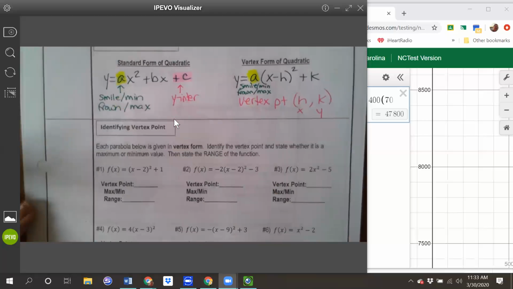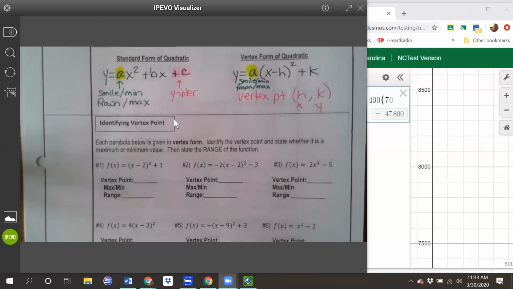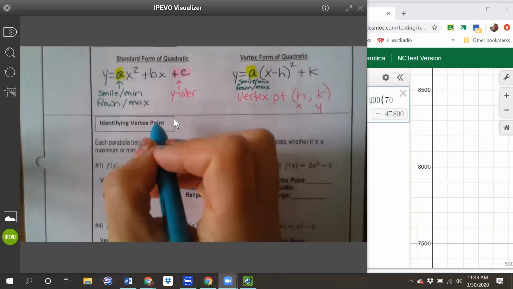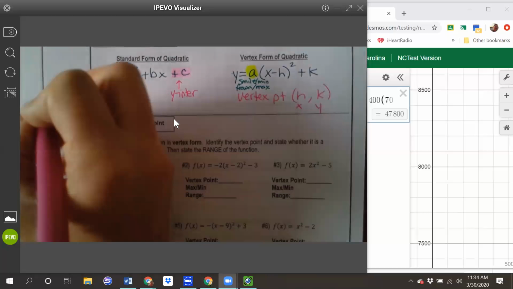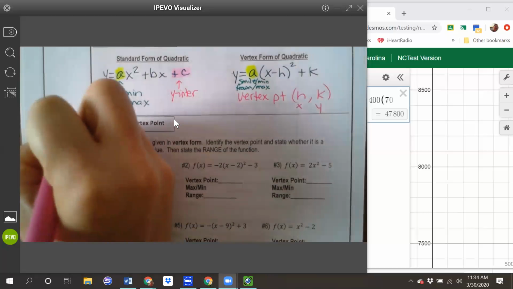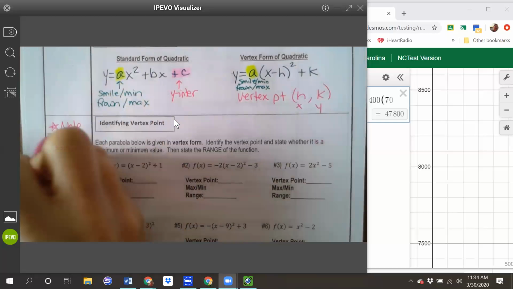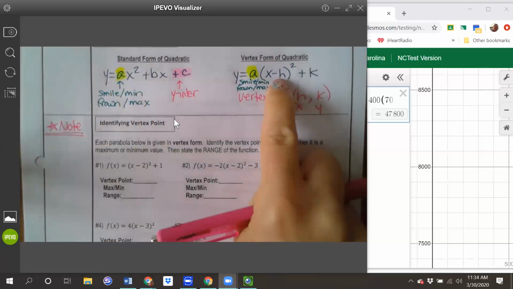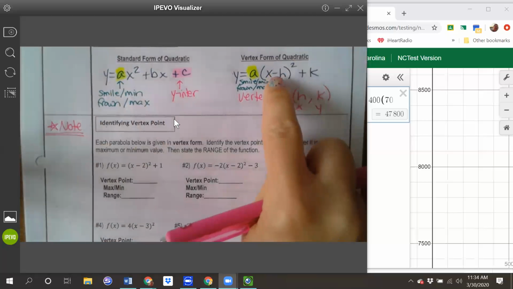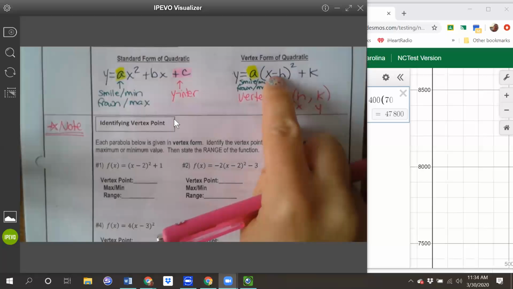Okay, so the thing that you need to be careful about in vertex form, I guess I'll write it over here, is h. So h is written as a subtraction problem, and subtraction means the opposite.